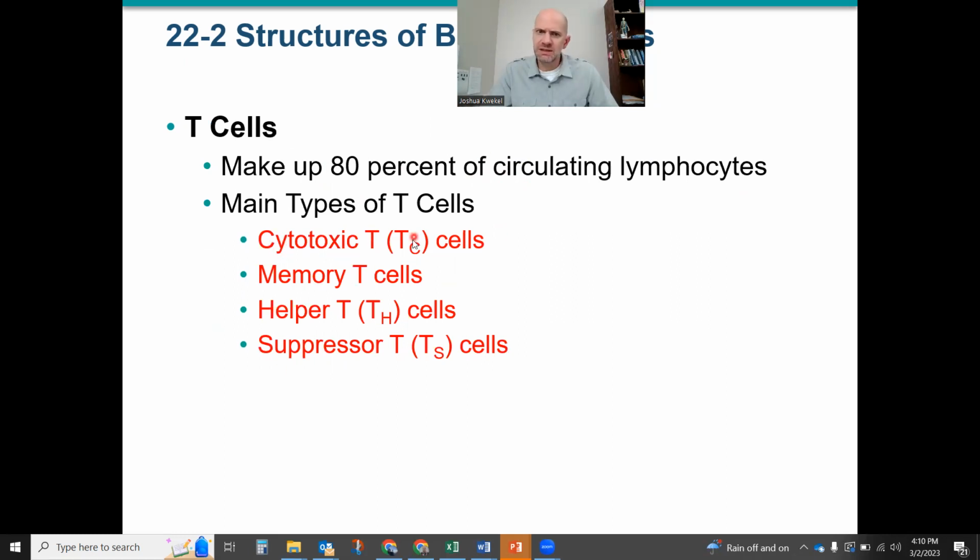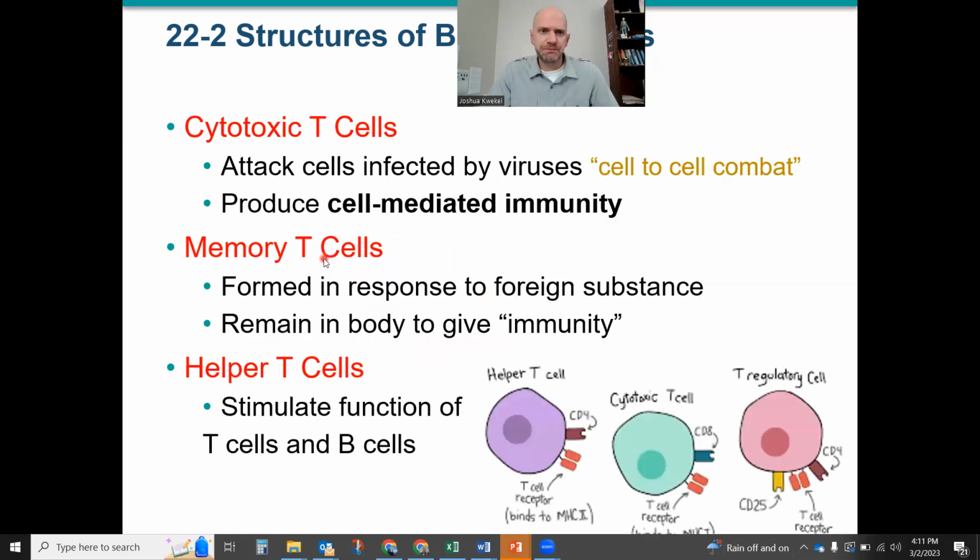You have cytotoxic T cells, which you see the T subtype C. You have memory T cells. You have helper T cells, which are the T subtype H. Okay, you don't see T subtype M for memory cells. You just call them memory T cells for some odd reason. And then the suppressor T cells, okay, which is the T subtype S. So I'm going to give you an easy way to memorize these. So just don't worry about that just yet.